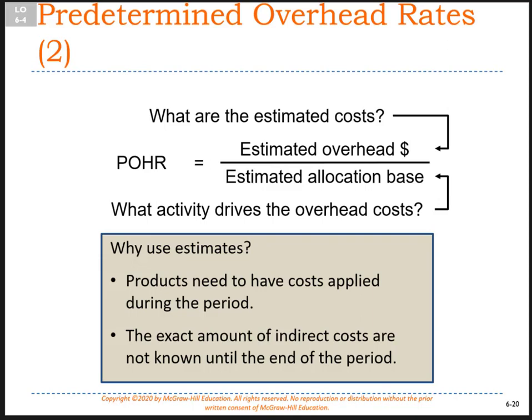Okay? So we have to do this as an estimate, and we have to do it ahead of time, because during the accounting period, some overhead costs, some indirect costs, happen in chunks, meaning you pay rent at the beginning of a month, or you calculate depreciation on machinery, or you have repairs that happen at a particular time.